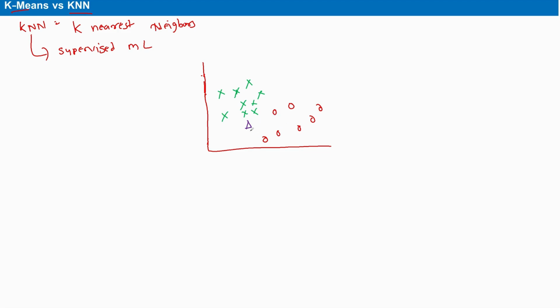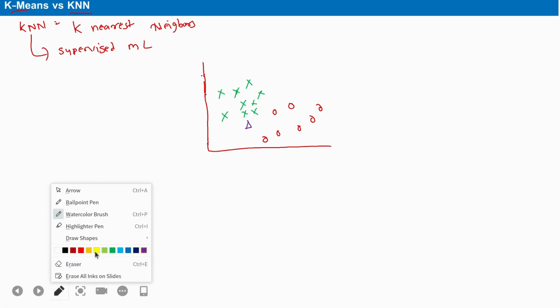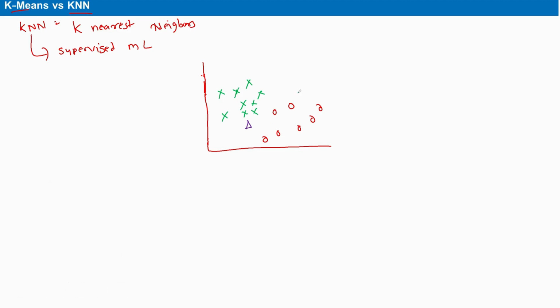So at that time, how does KNN work? First, it will find the Euclidean distance between the query data point and all the data points present inside that data set.